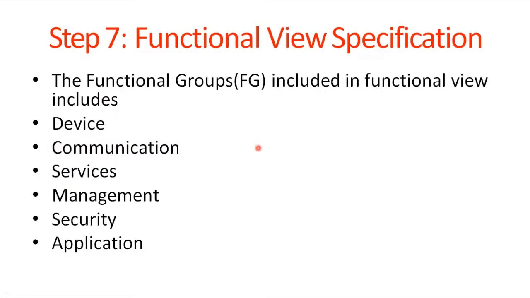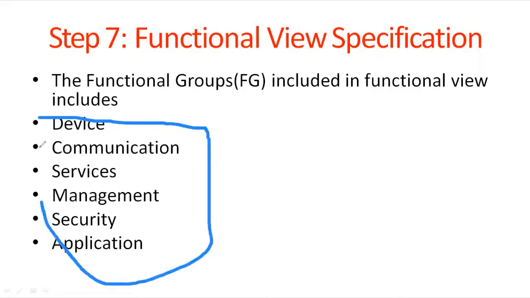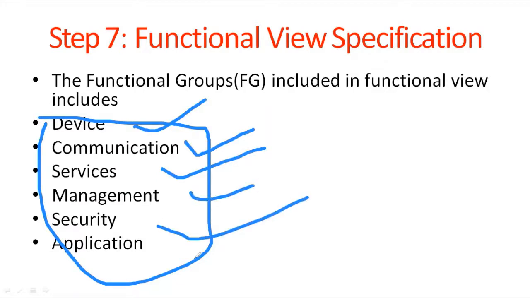The functional groups included in a functional view consist of these components. What are the components? The components are device, communication, services, management, security, and finally application.